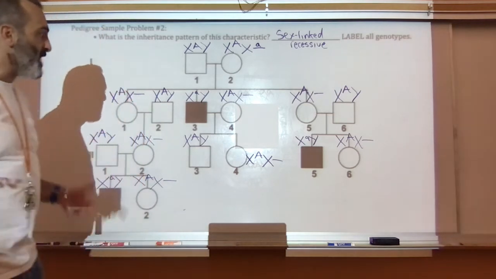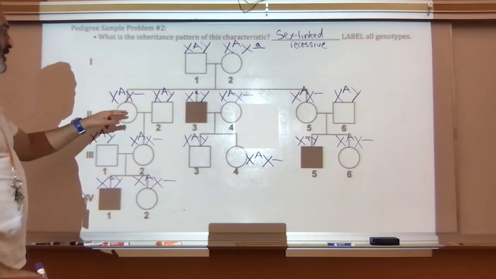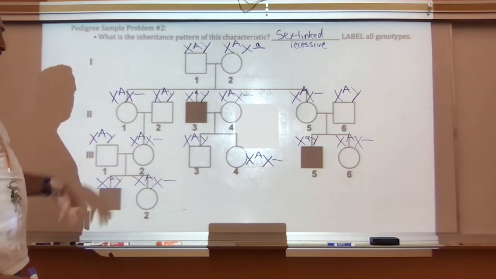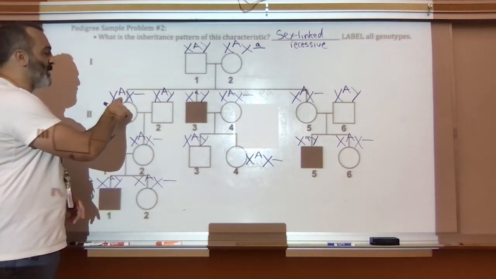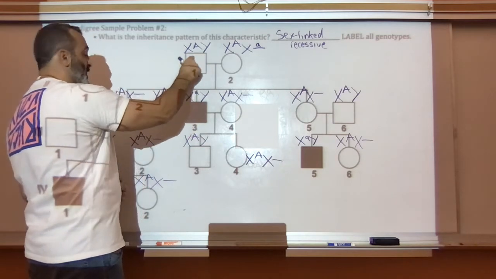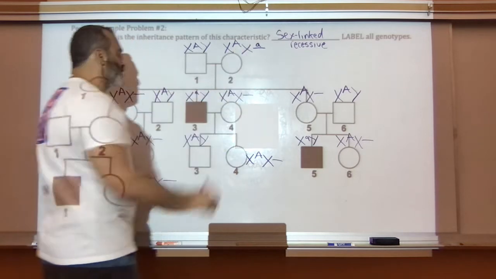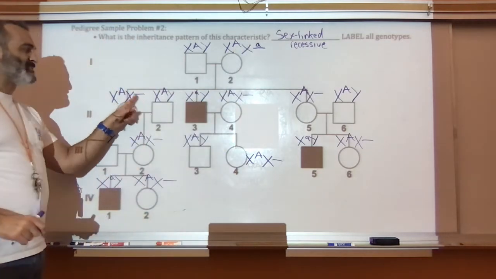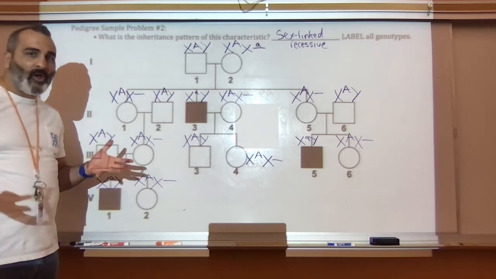Okay? The next one, we have a blank here. Interesting. We have a blank right there, and they have kids. Let's look at their parents first. X capital A could come from dad, because dad doesn't give girls Ys. But mom has a capital and a lowercase. We do not know exactly what mom's other letter is right there. We don't know it right now.